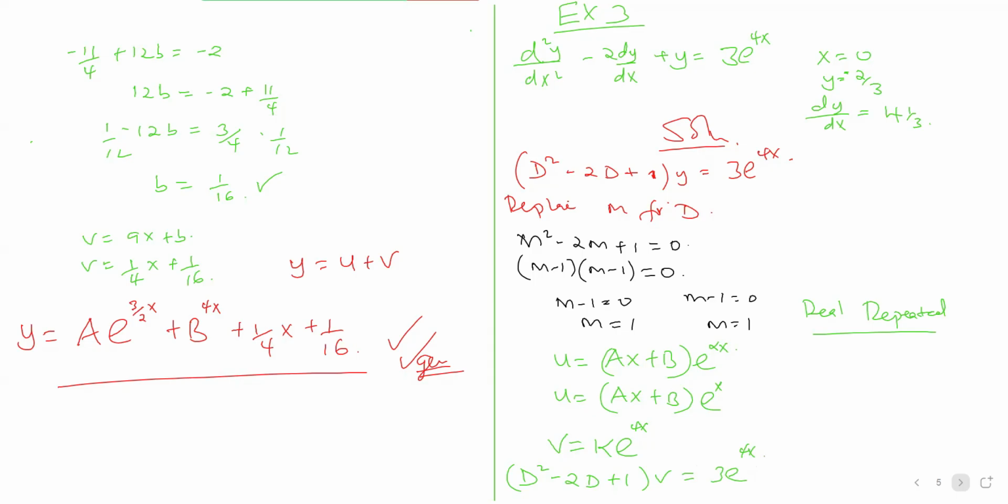So it rewrites it again. It is d squared minus 2d plus 1, function is d squared, so k exponent.